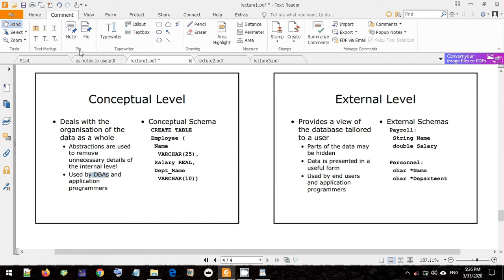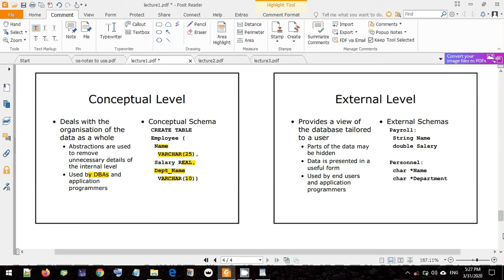An example of a conceptual schema, we could have a create table employee, and we'll put the details: name, which takes a varchar of length 25, salary of type real, department, which is a varchar of length 10, and so on.